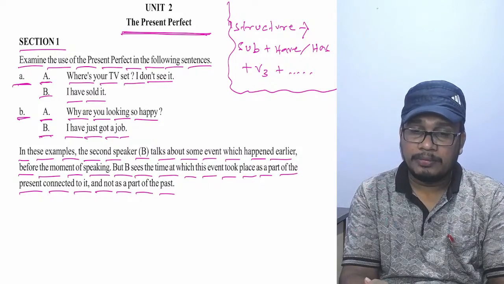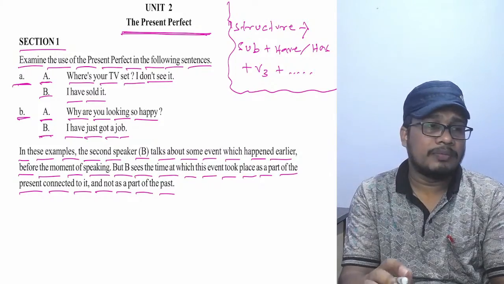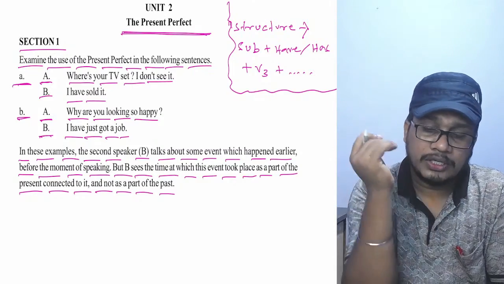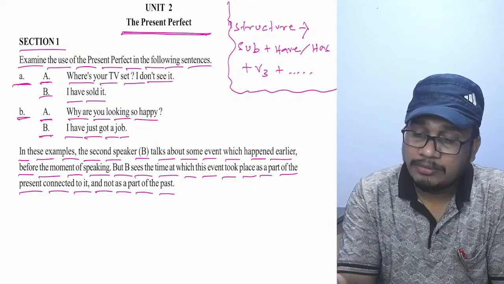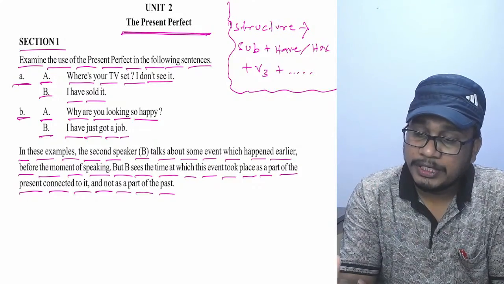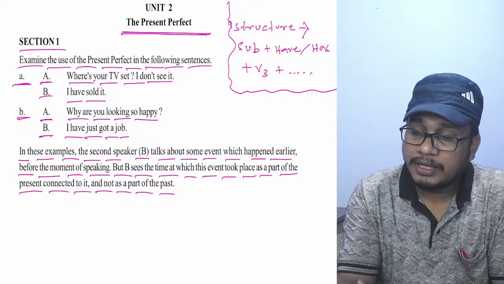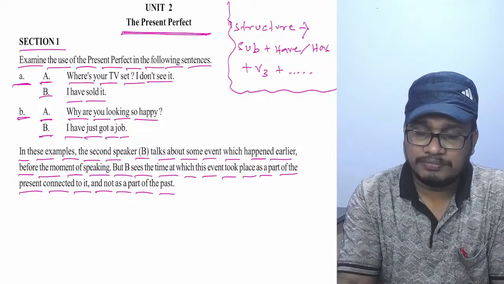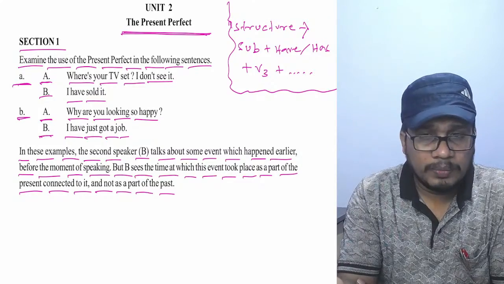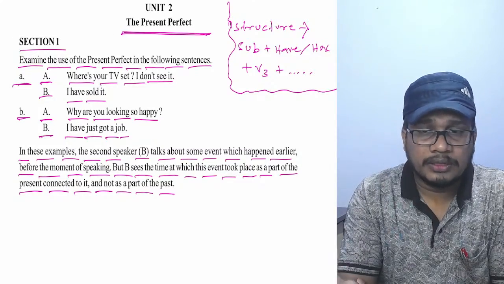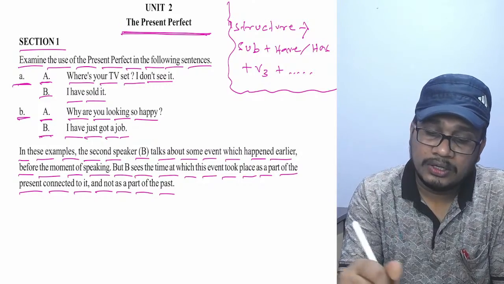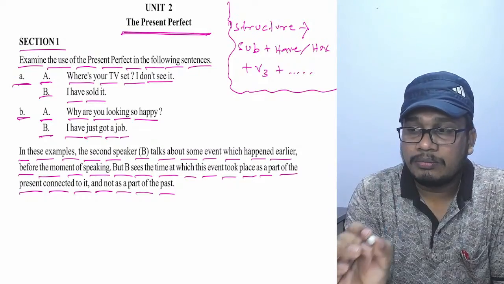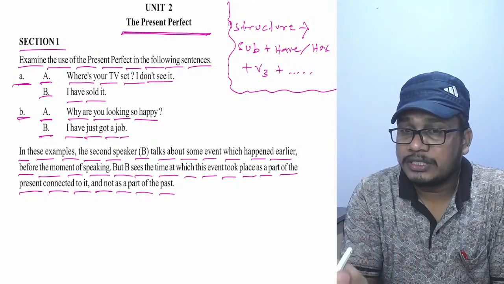B's reply refers to the action that has already completed, but B sees the action that took place before the time of speaking with its result connected to the present. B sees the past action with a present relation.